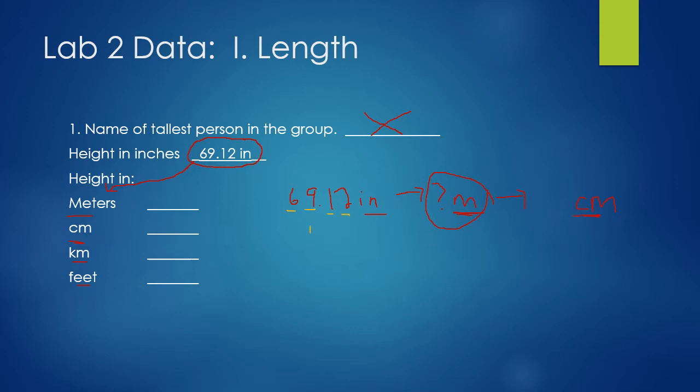So this gives me a total of 4 significant figures. So since I'm going to be multiplying and dividing, we're looking at the sig figs as a whole. So since I have 4 total sig figs in my original number, that means that I'm going to want 4 significant figures in each of my answers.